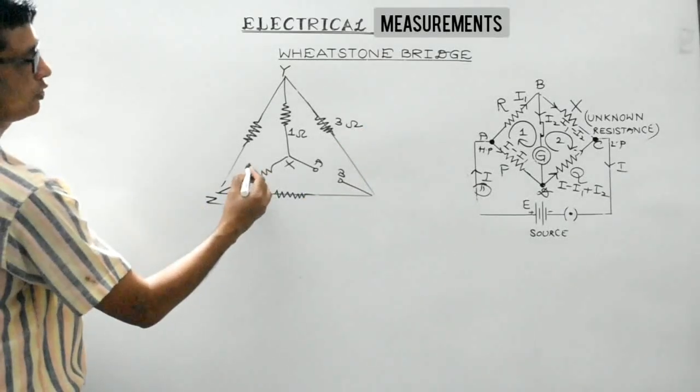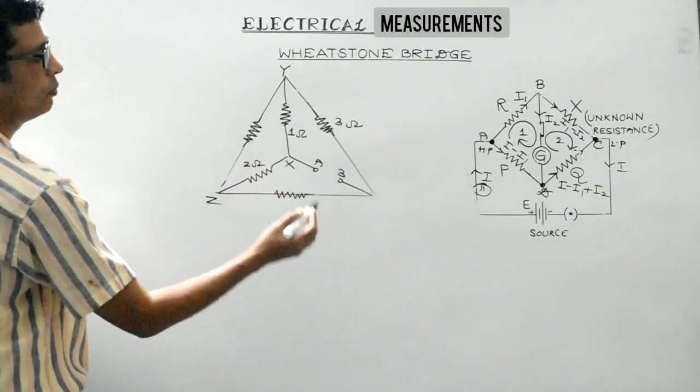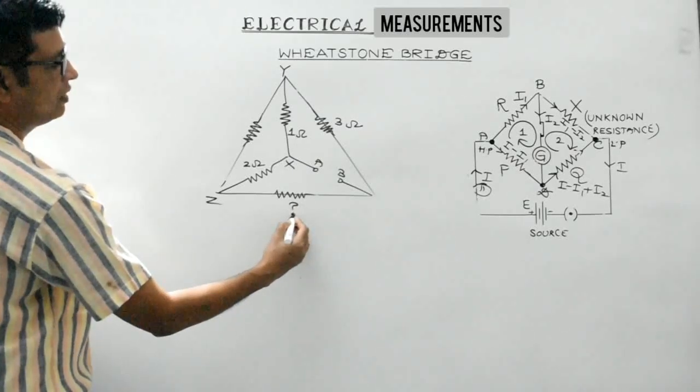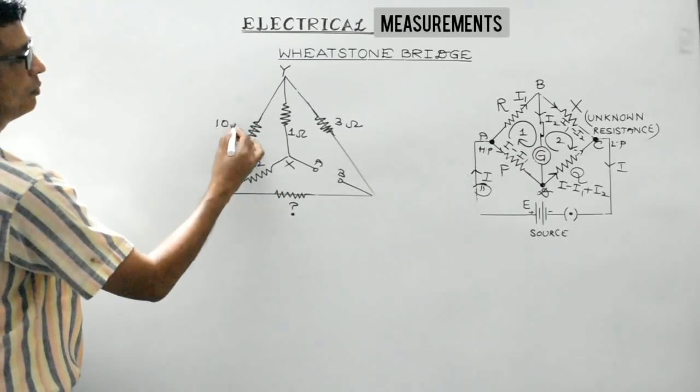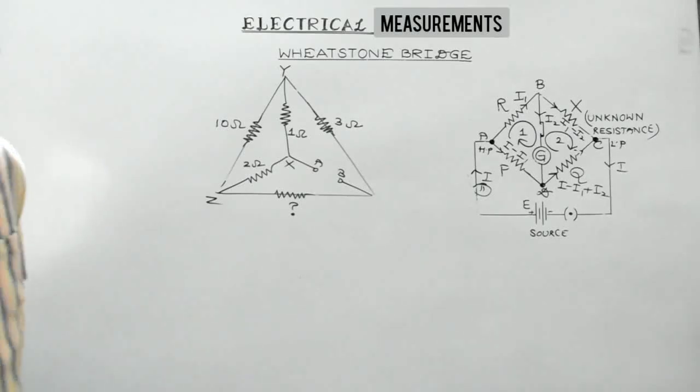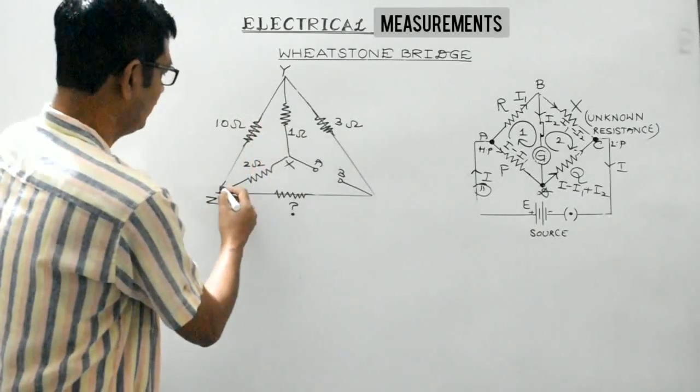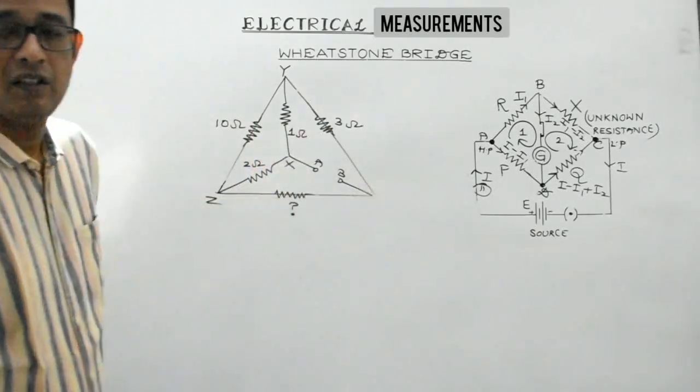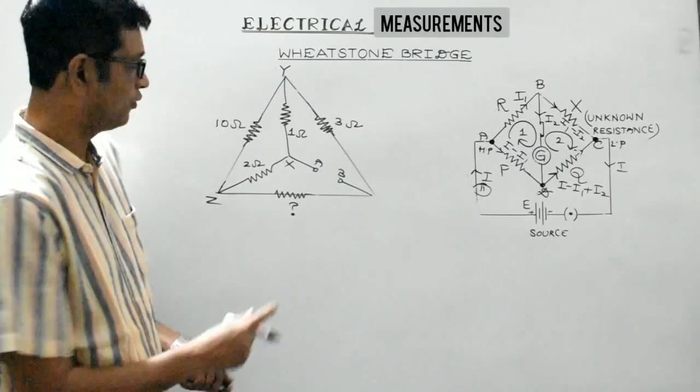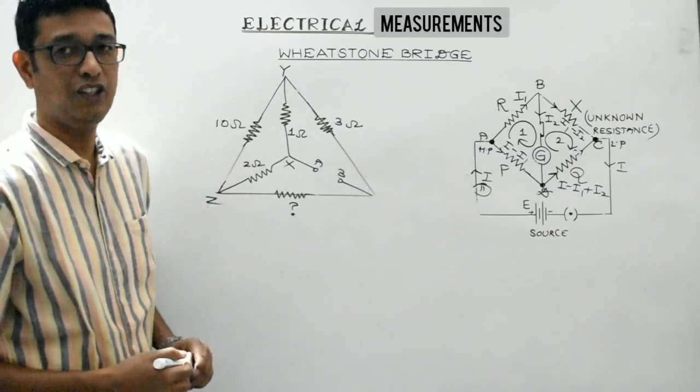And this to be 2 ohm, and this is to be determined, and this to be 10 ohm. Clear students? This is the circuit given, and you are supposed to find out the value of the unknown resistance.